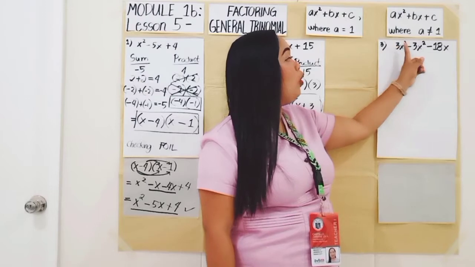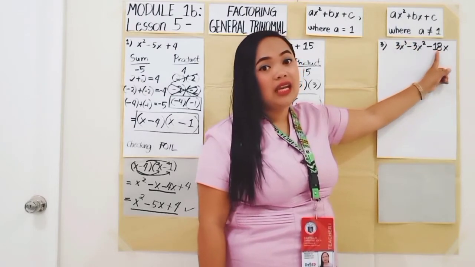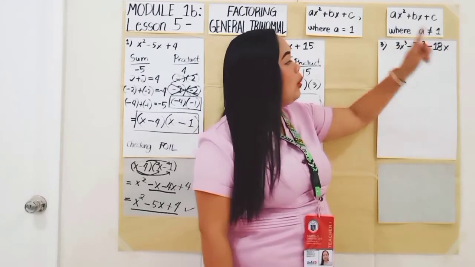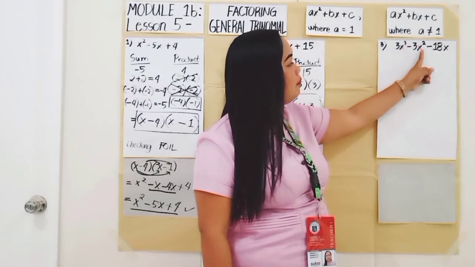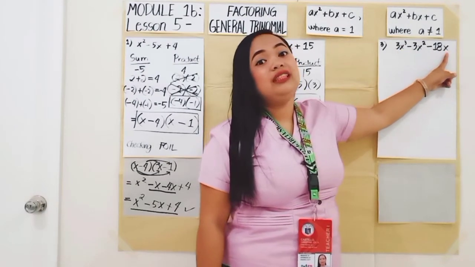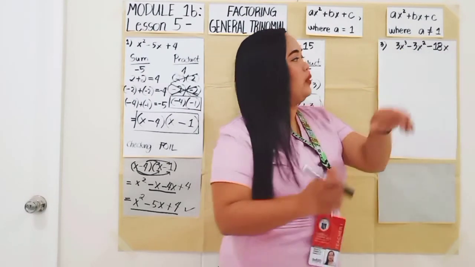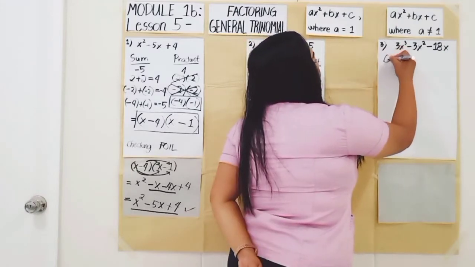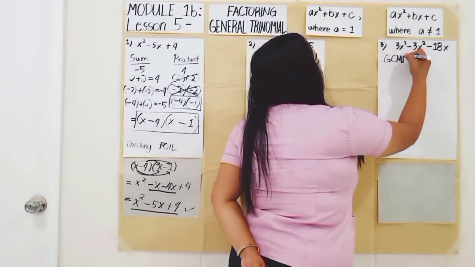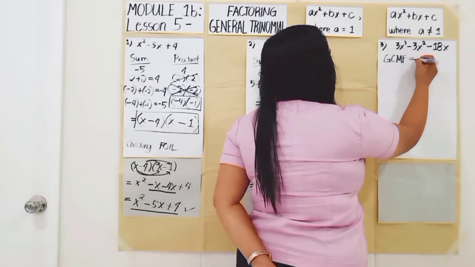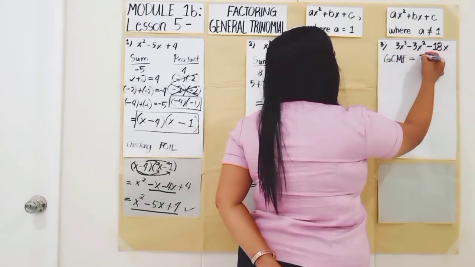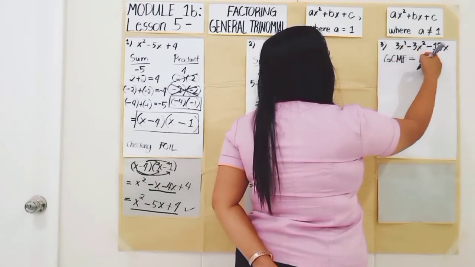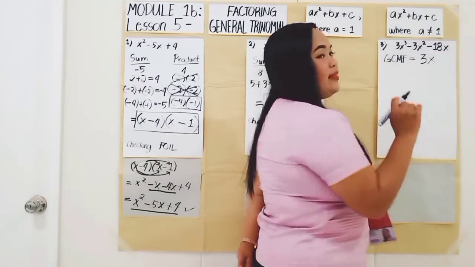So, ibig sabihin, common sa tatlo si 3. Also, common sa kanila si variable x. So, GCMF is equal to, common sa kanila is 3, and then x.